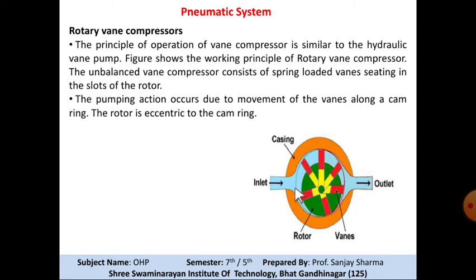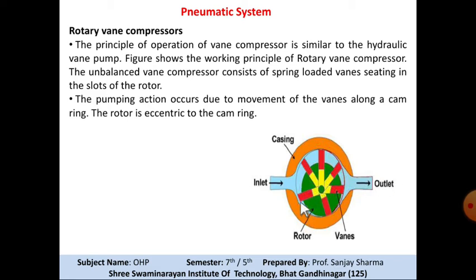Now whatever air enters this chamber will get compressed, and after compressing it will be delivered through the outlet valve. So whatever air is entrapped here, you can see the volume is more, and as it moves the volume decreases, and here the air is compressed and later on delivered through the outlet valve.